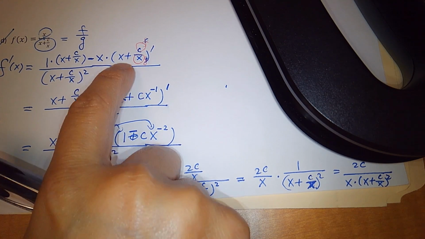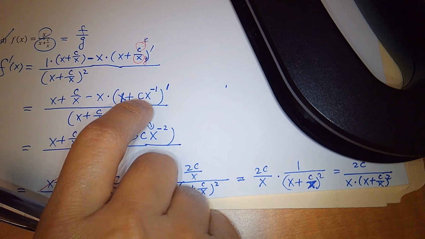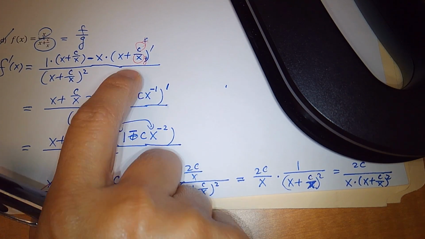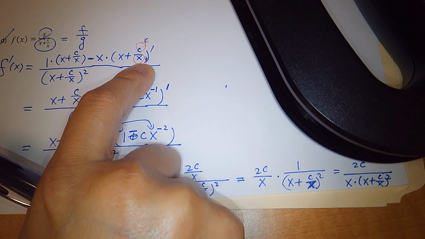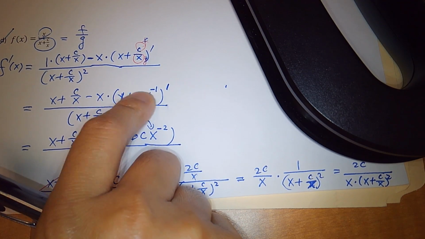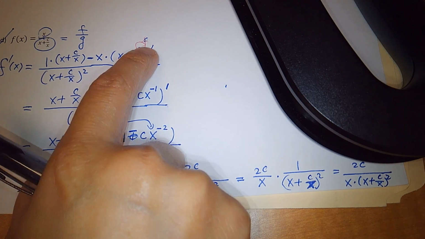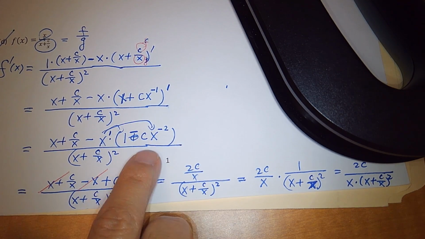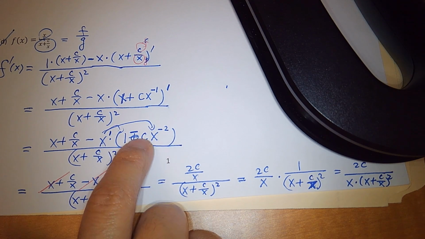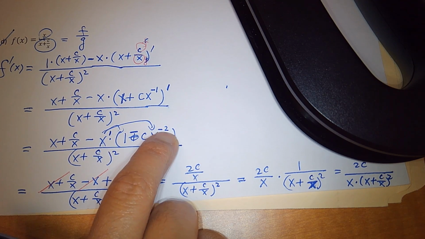And even in this part, we have to do another power rule. Or some of you may prefer to use a quotient rule here as well. Either you rewrite it as a power function and then use the power rule, or you can do this part by using another quotient rule. Either way, eventually the answer is negative c times x to the negative 2 power.